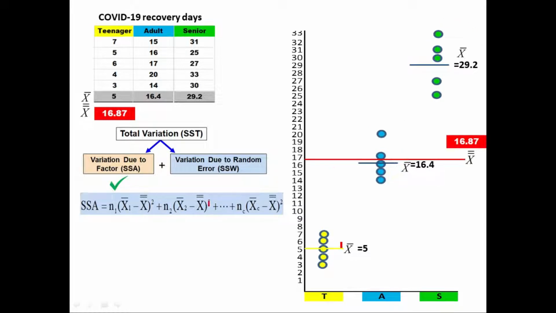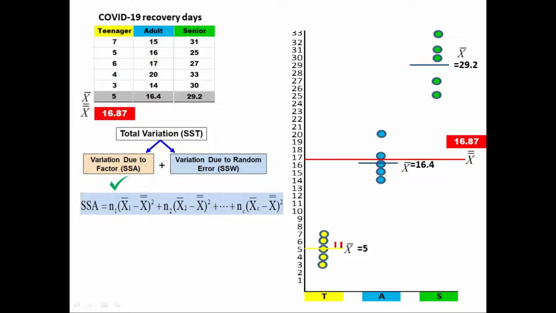In order to see variation among the groups, we have to compare. Here is the basic concept: comparing the mean for a particular group to the overall mean, and then we square the value.